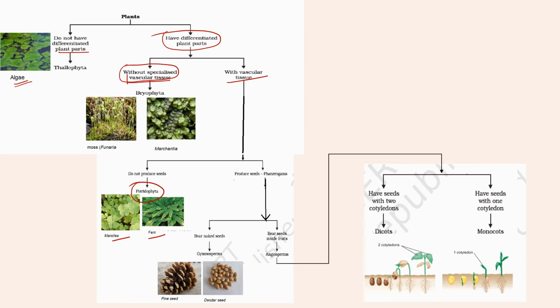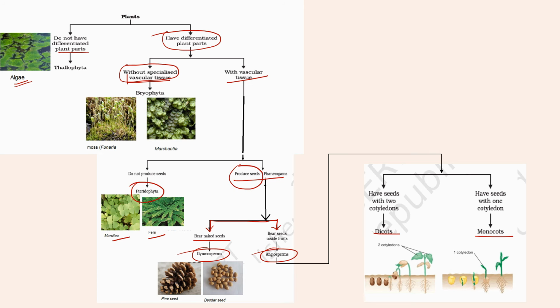Now the plants which have well-developed vascular tissue and produce seeds are differentiated into two ways. One, plants having naked seeds are called gymnosperms, and the plants having seeds protected inside fruits are called angiosperms. This angiosperm is divided further into two types, called dicots and monocots.